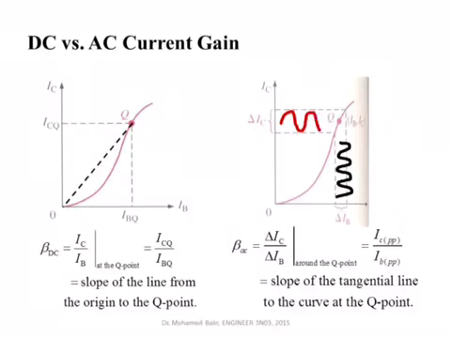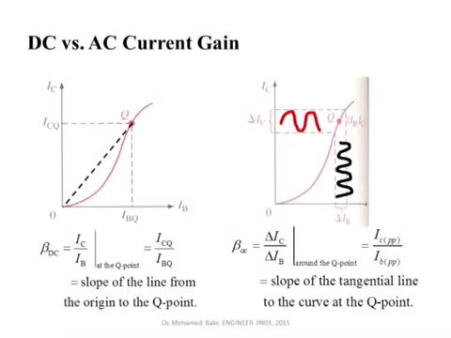The ratio between the amplitude of these oscillations and those oscillations is what we call the AC current gain. So the AC gain really is the slope at the current point, the tangent line to this curve. It's not the slope measured from the origin, as was the case in the DC.